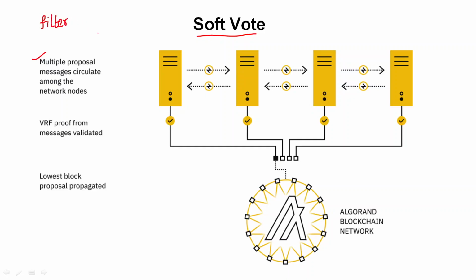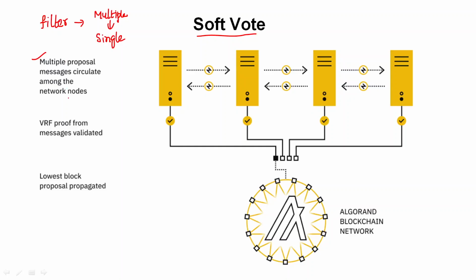There will be multiple proposal messages, right? The idea is to filter multiple proposal messages down to a single proposal message, so that it can guarantee only one block gets certified.